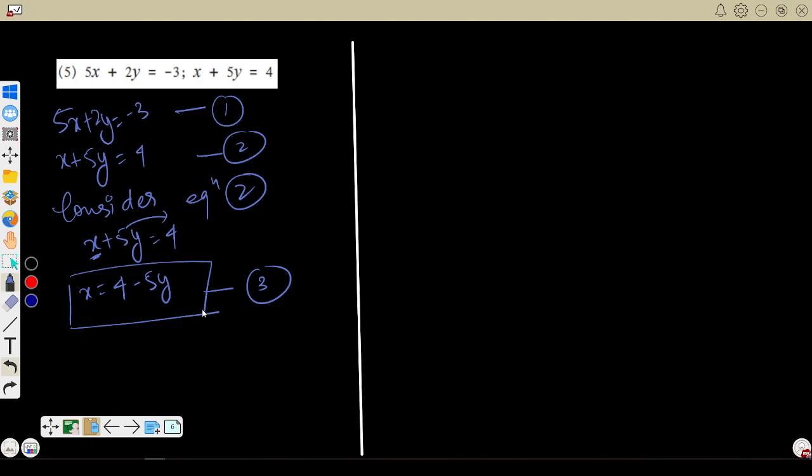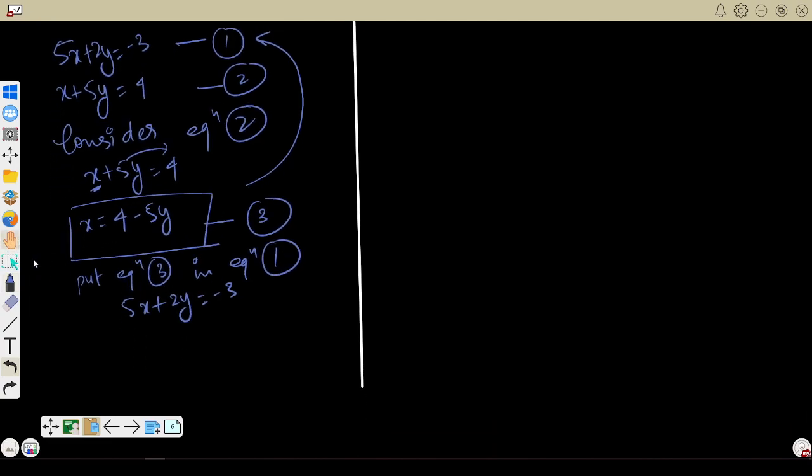Now, equation 3 has been derived from equation number 2. So I will replace x with 4 minus 5y in equation number 1. I will write put equation 3 in equation number 1. The equation was 5x plus 2y is equal to minus 3.